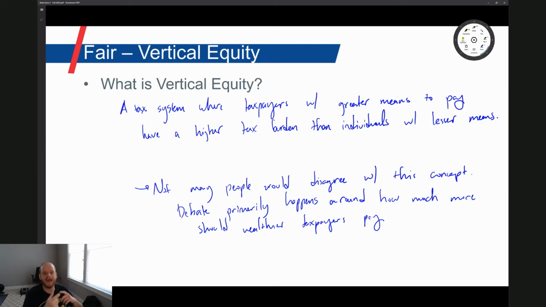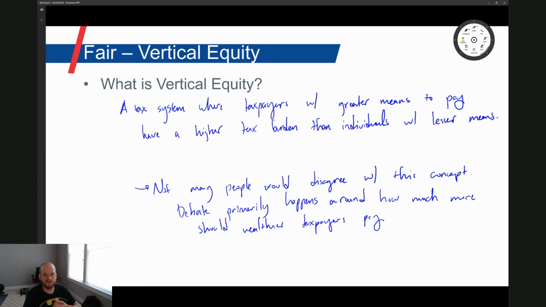Where debate really happens is how much more should they pay, right? Because we have a federal income tax system where, as you earn more, you pay a higher percentage of your income into the tax system, right? If you remember the very first video, those tax rates range from 10% up to 37%, depending on where your adjusted gross income lies.